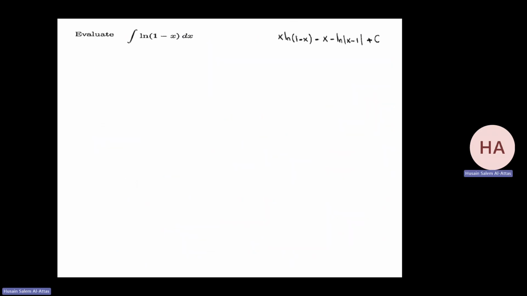Integral ln 1 minus x. So just to fix it, let me do W things. W equals 1 minus x. So dW will be minus dx. So I need the minus and the minus outside. That will be minus integral of ln W dW.